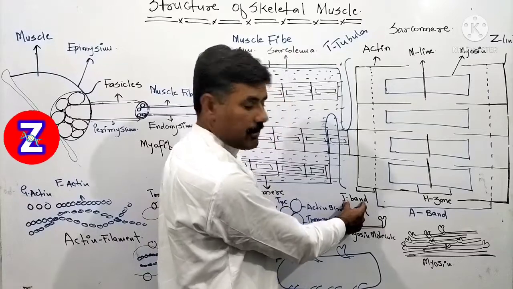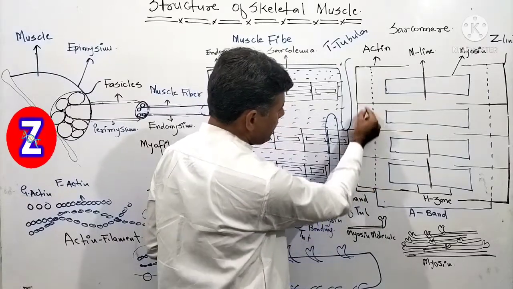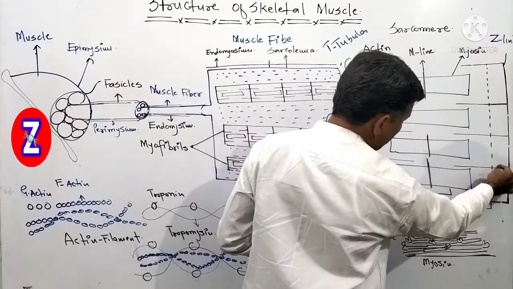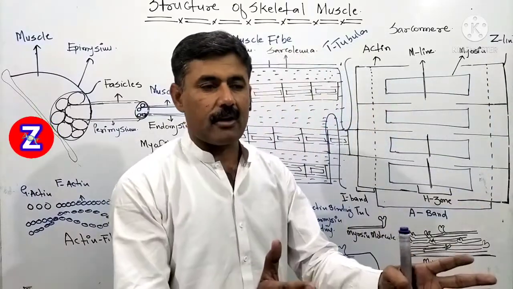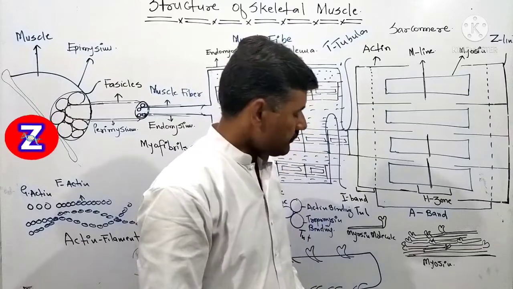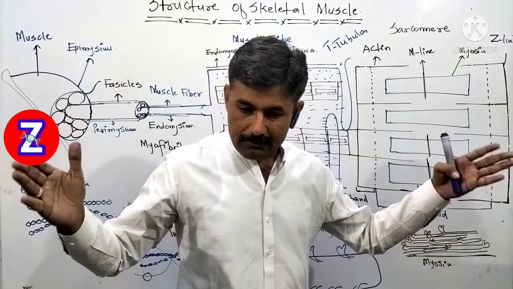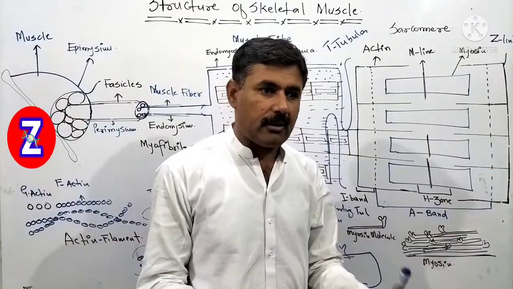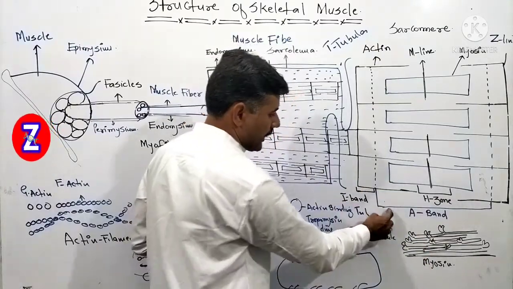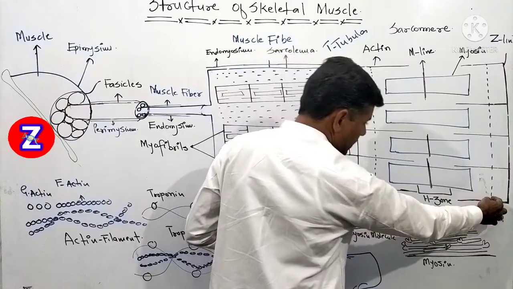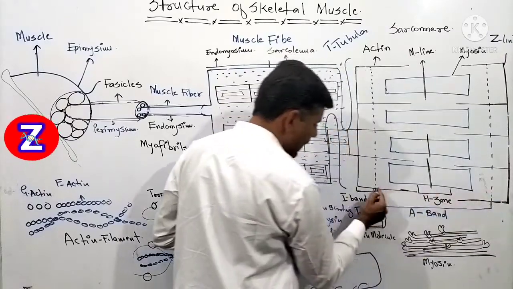The region of the sarcomere where only actin filaments are present is called the I-band. From the I-bands inward is a region called the A-band. It extends from the I-band on this side to the I-band on that side.